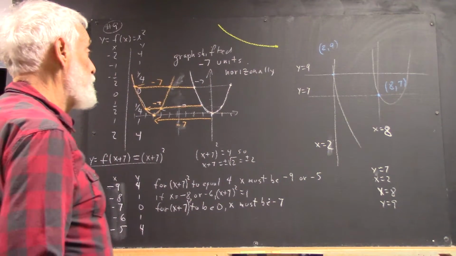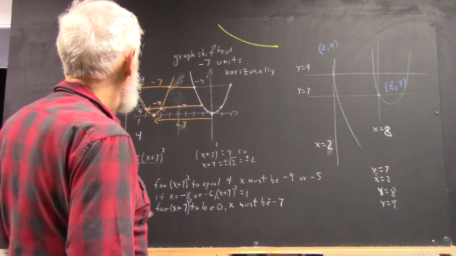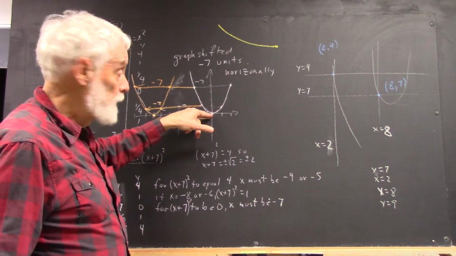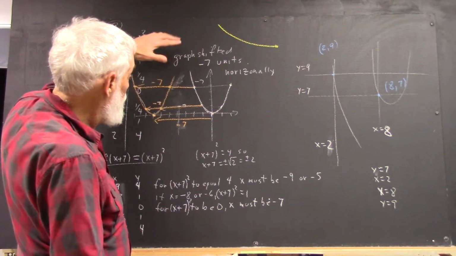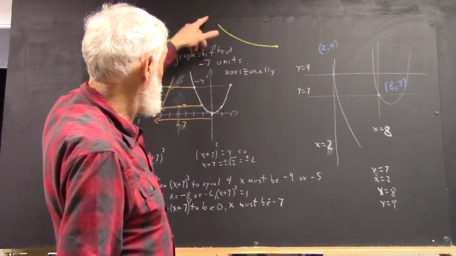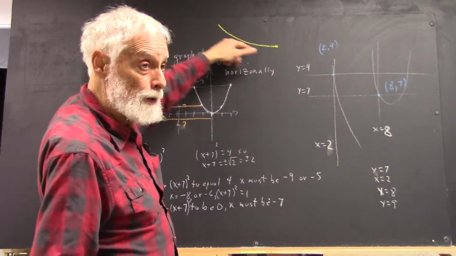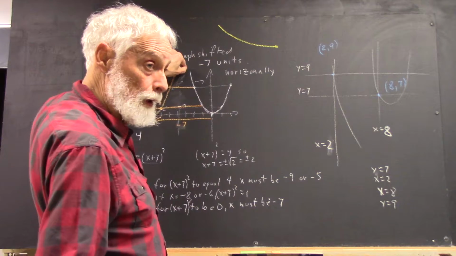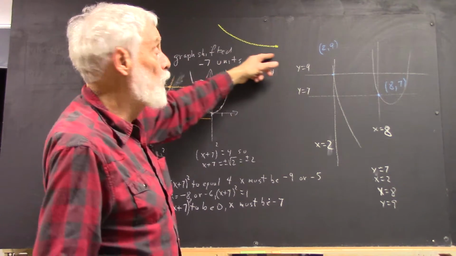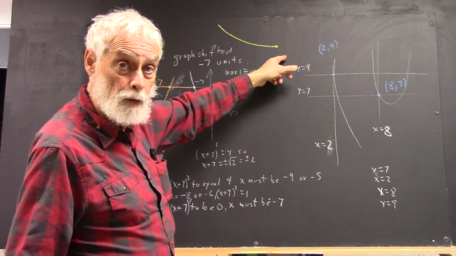The thing I want you to understand is that if we squash this graph down to make it a lot flatter, then it could have the same shape as this one, at least the left-hand part, from the vertex over to the left, the part that corresponds to the domain of the flow function.